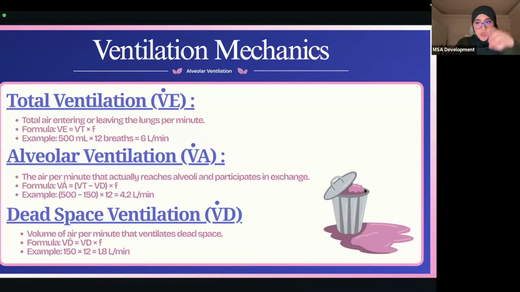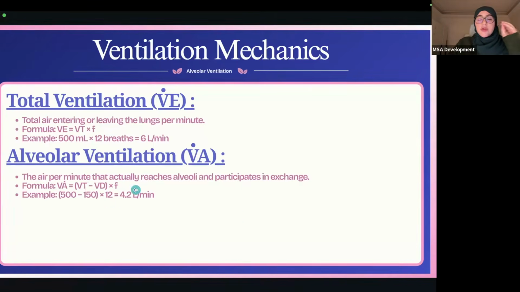So you can say that alveolar ventilation is tidal volume minus dead space volume times frequency of breath. Not exactly alveolar volume, because they're never going to give you that in a question, since you can never know for certain unless it's worded differently.